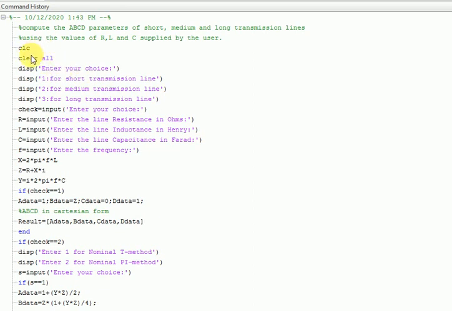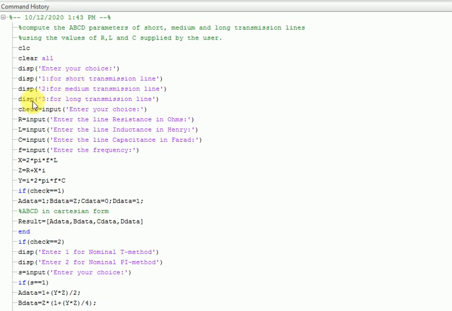So clc, clear all is the command to clear all the things which we previously did on the screen. So let's start with the program. First is display. It will display the enter your choice. The choice that we need to feed is: insert 1 for the short transmission line, 2 for the medium transmission line and 3 for the long transmission line, for which we need to find out the ABCD parameters of the transmission system.